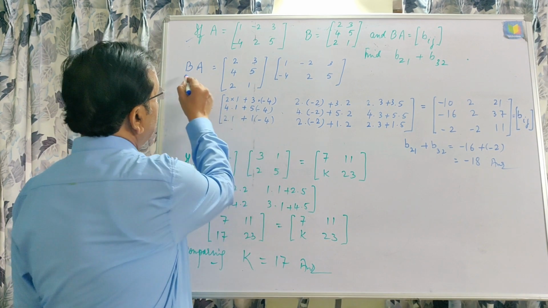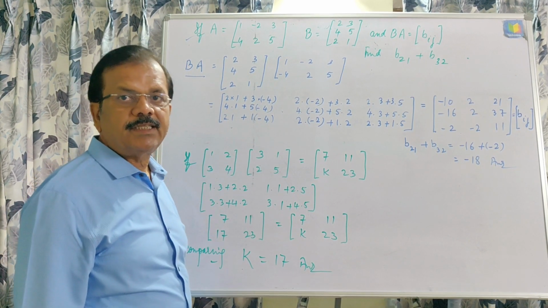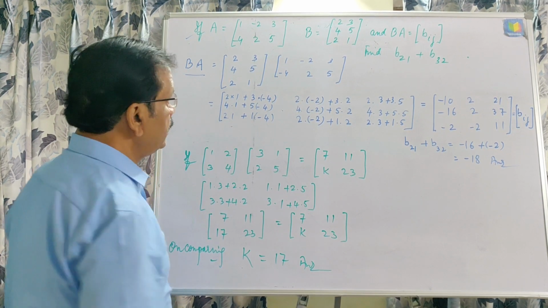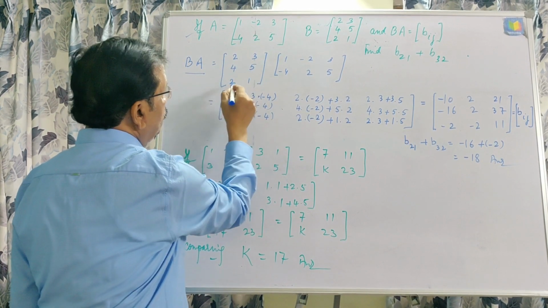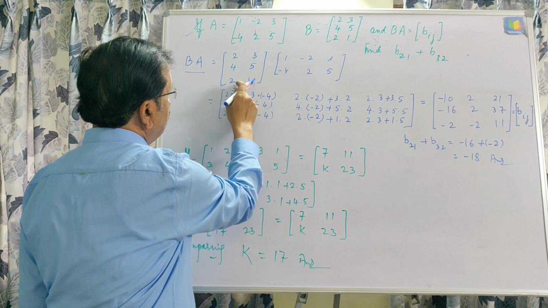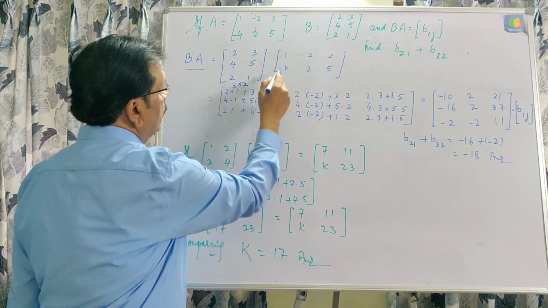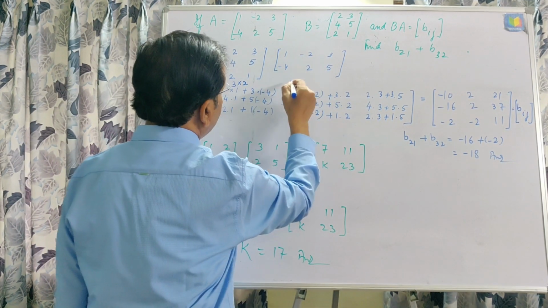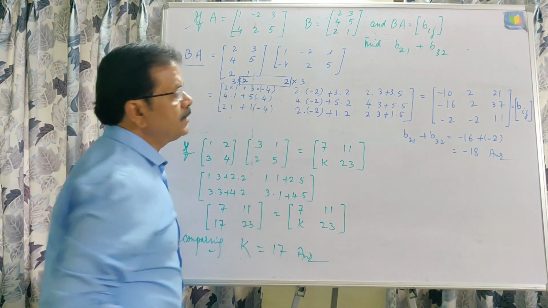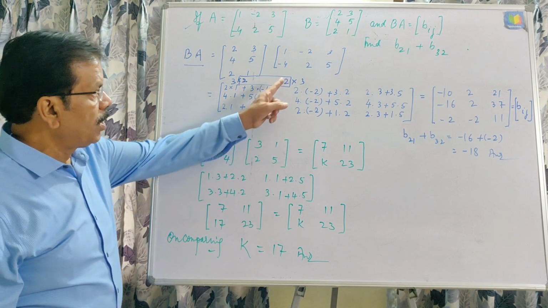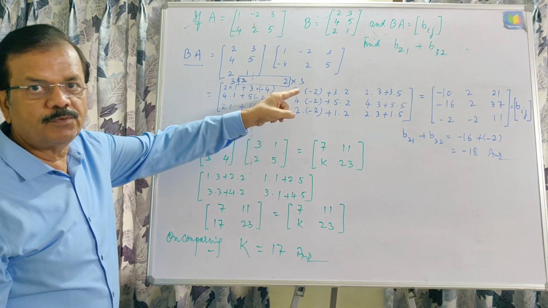Now here BA. Before multiplication of any two matrices, we should check their order. Here the order is 3 rows and 2 columns, and here 2 rows and 3 columns, which means the number of columns in the first matrix should be the same as the number of rows in the second matrix, and that is why we can multiply these two matrices.